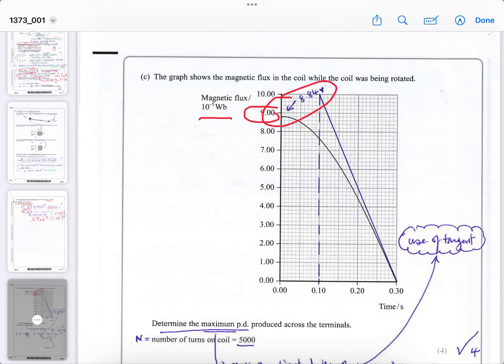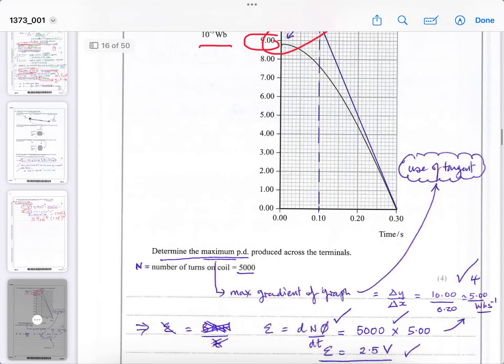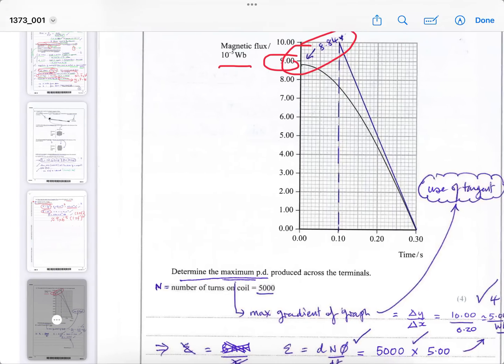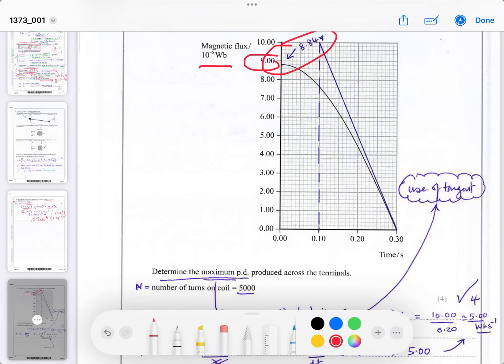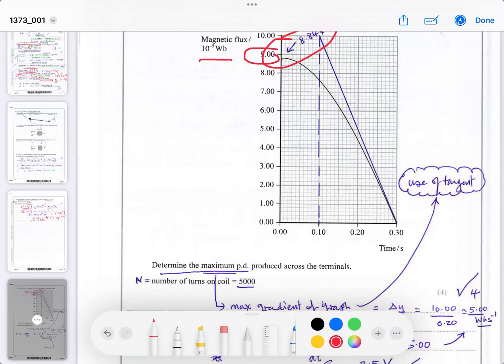Now, what they want us to do is determine the maximum PD. Well, the maximum PD is the maximum gradient of the graph. The maximum gradient of the graph can be calculated, as I've shown you here, by the use of a tangent.